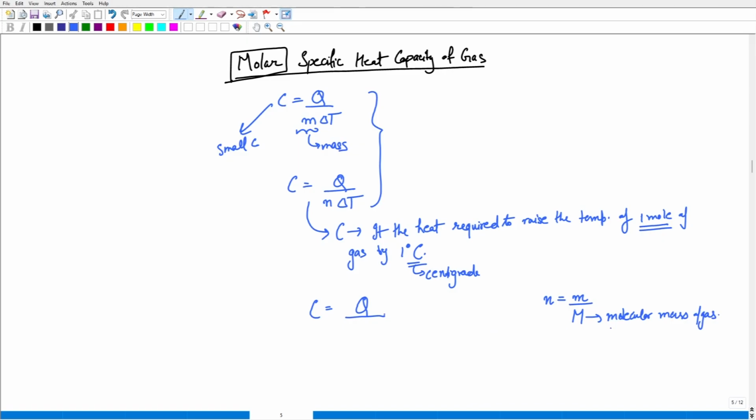So n is this. Let's put this value here: M divided by m into delta T.